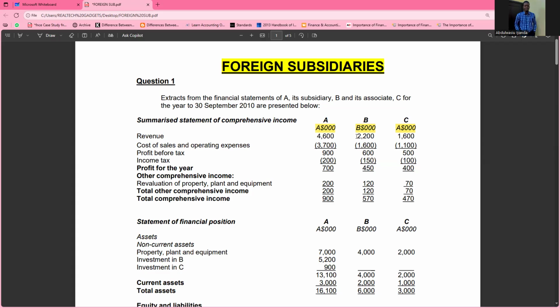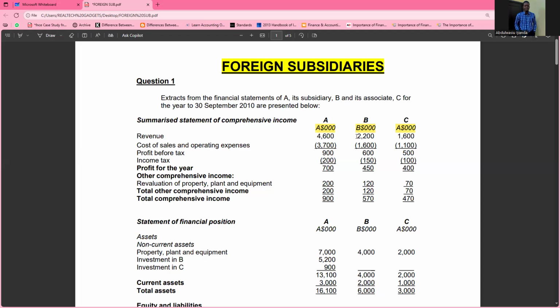So the first working is the group structure. Then the next thing you do, you translate the subsidiary currency, the foreign currency, to the parent currency.